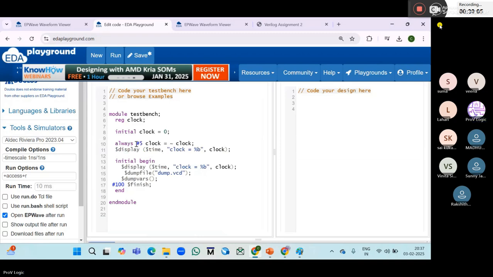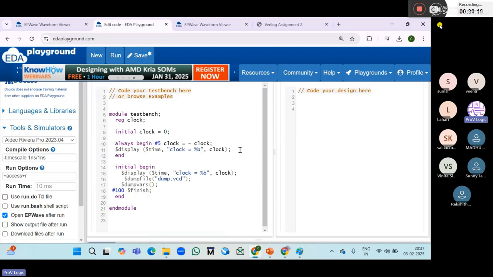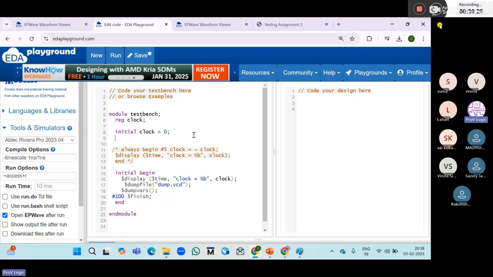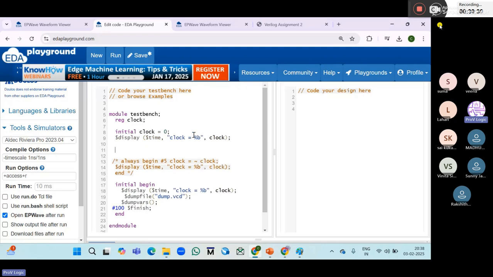Here we need to write multiple statements, but in this case it will repeat. First, let me show the difference between displays, then I will execute this one. So initial clock equal to 0. This display statement I'm putting here, and also I'm making clock equal to 1 at 5 time units.